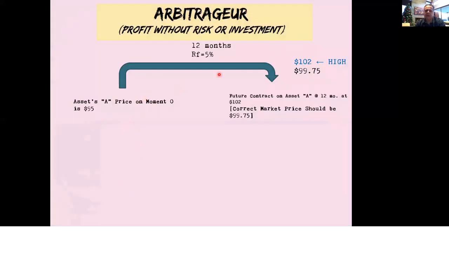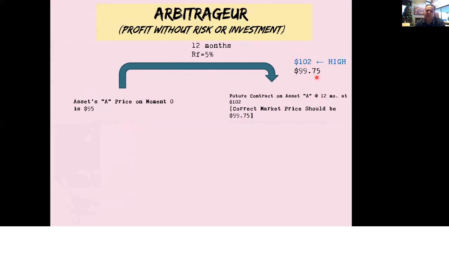So let's take an example. Let's assume that you observe a future price of 102, and let's assume that the correct price should be 99.75. At this point, we are not analyzing how to get this correct price. We will do that eventually.